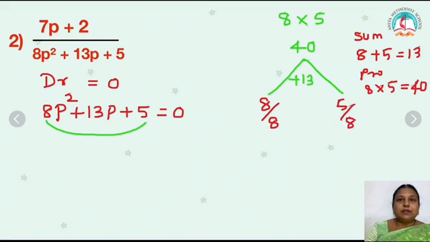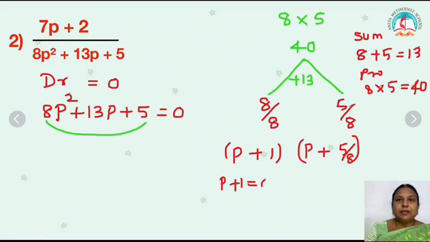So with that you have to divide. If I divide, I will get 8 divided by 8, 1, and 5 by 8 I can't divide, so I keep it as it is. What variable is used here? They used p, so I substitute p plus 1 and p plus 5 by 8. Now I have to equate it to 0 to find my excluded value.